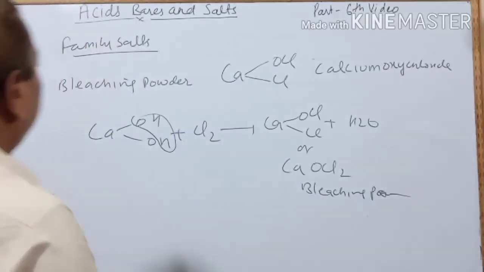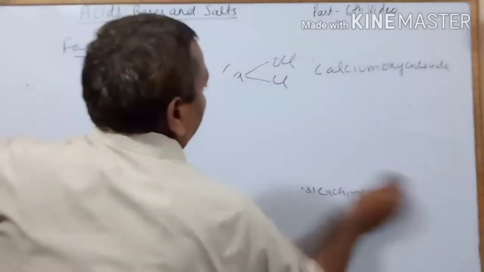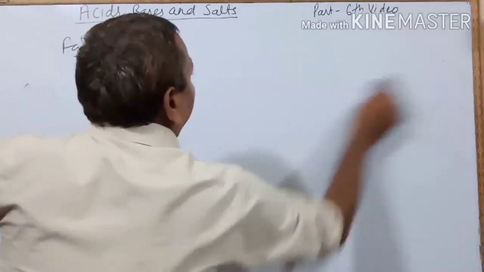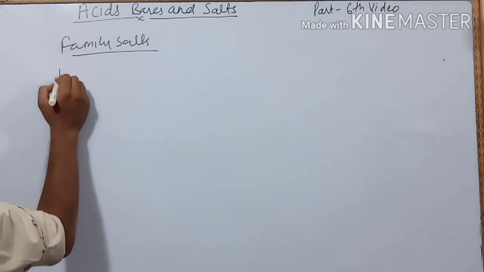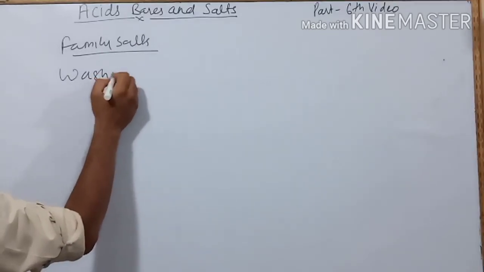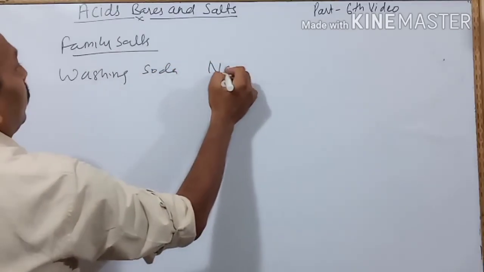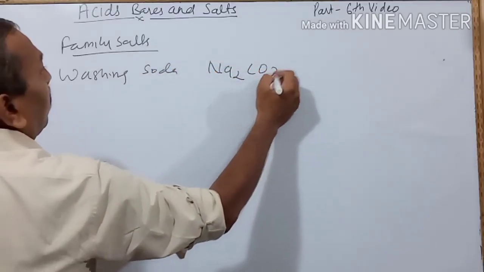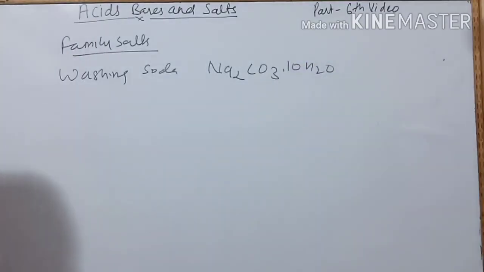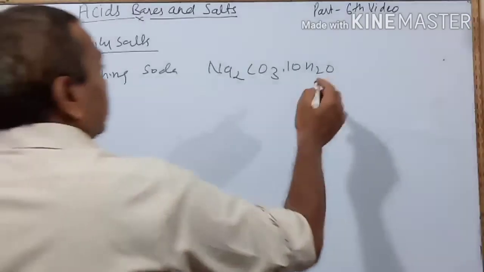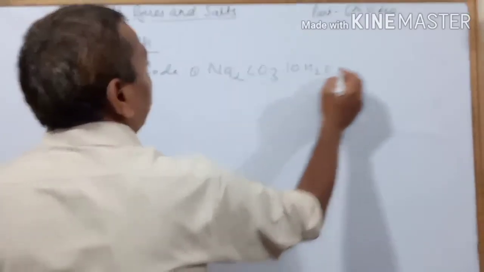Now next, after bleaching powder, the salt that comes is washing soda. Washing soda, a very important salt. Its chemical formula is sodium carbonate decahydrate. Now this washing soda exists in three forms. This is one form, washing soda.